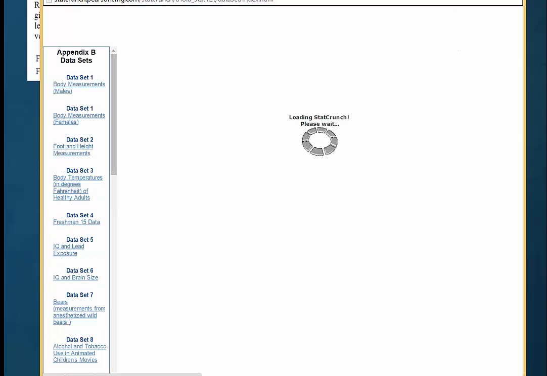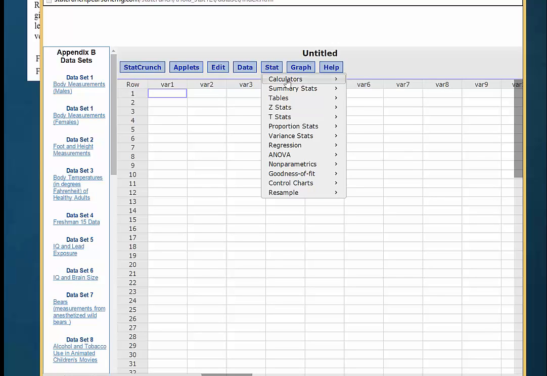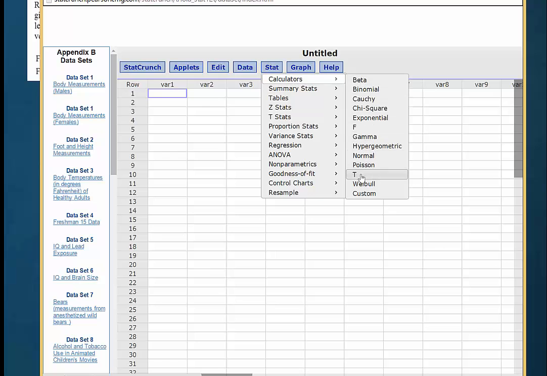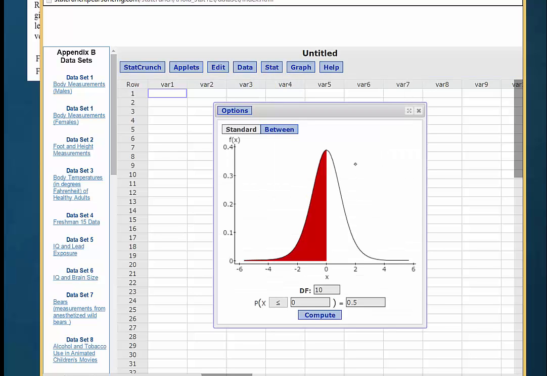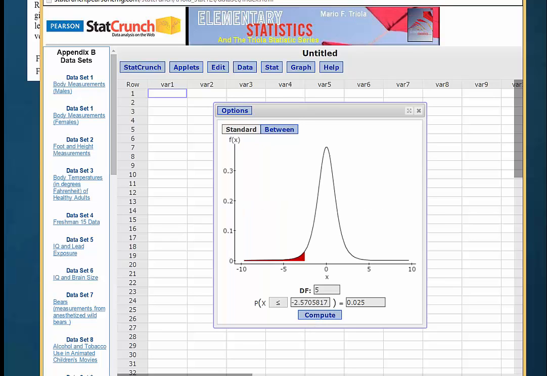So we would open StatCrunch. We'd push Stat, Calculators, T. We have 5 degrees of freedom, and we want 0.025 in each tail. We can make this less than or greater than, it doesn't matter. We're going to come up with this number, 2.571, when we go to 3 decimal places.